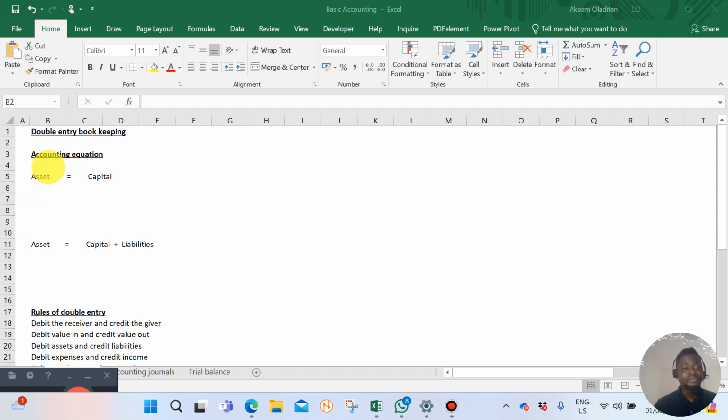So for us to be able to explain double entry accounting properly, I think we need to look at the accounting equation first. The accounting equation defines a relationship between what comprises an account. For instance, let's take an example of a business owner that just started a business.